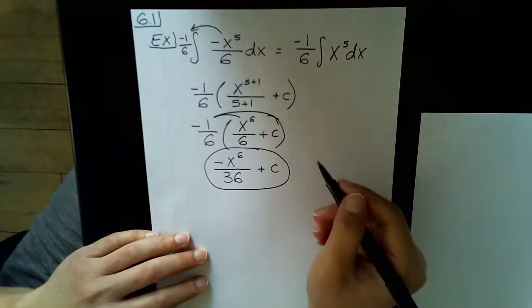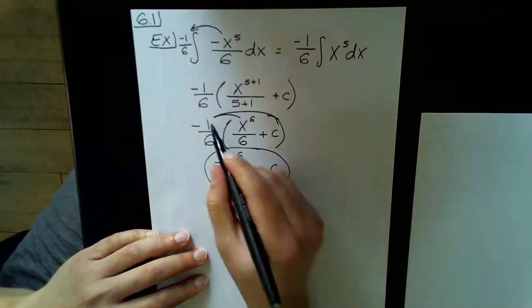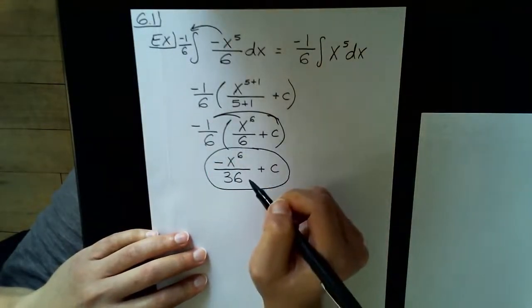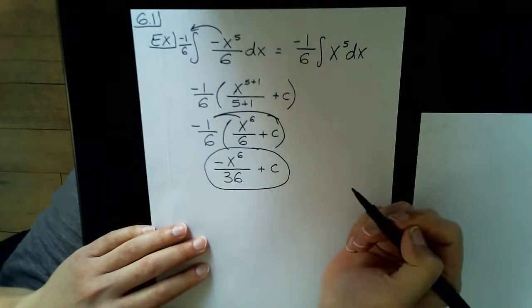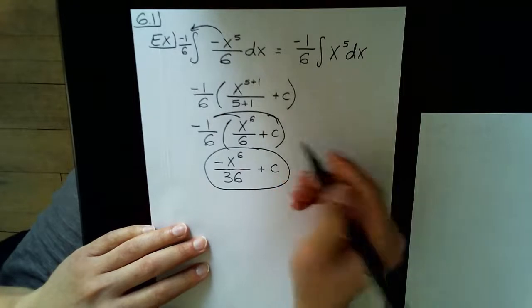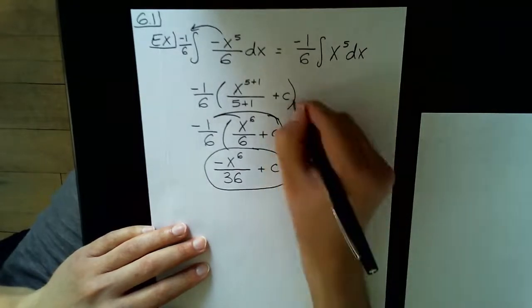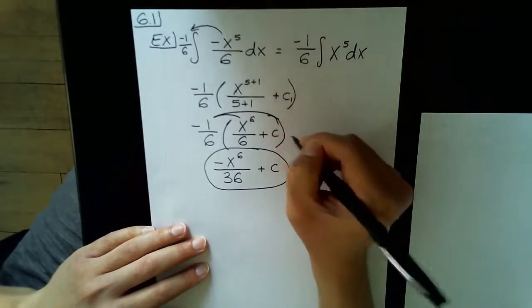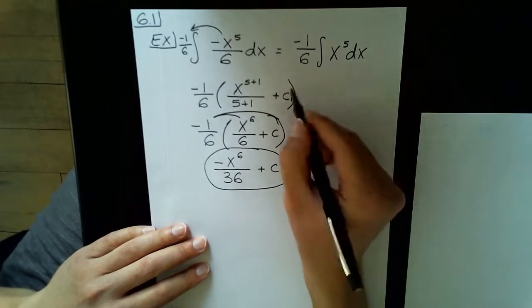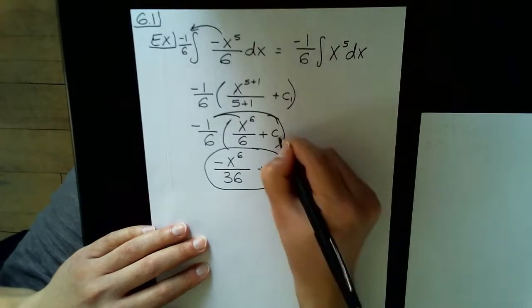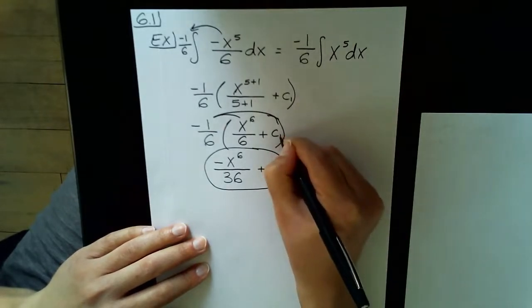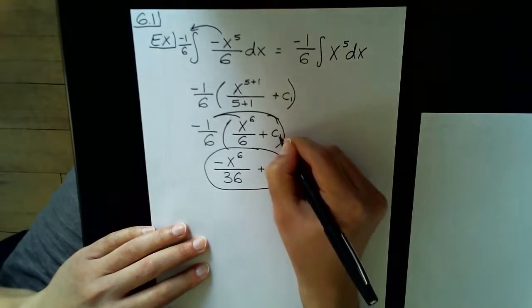And one more thing that might help you comprehend why we don't need that negative 1/6 there. Again, this is just some constant value, this c. So a way to think about it is if we had started with plus c1, meaning some c value that we'll call c sub 1, then it still would have been c sub 1 in this step because we haven't done anything to it.